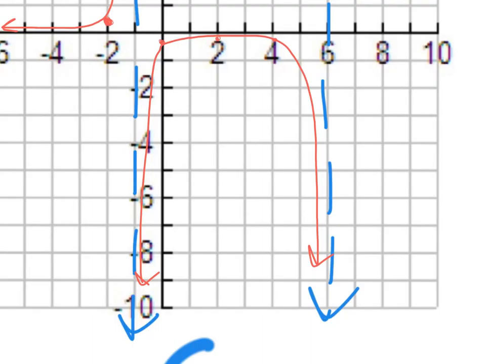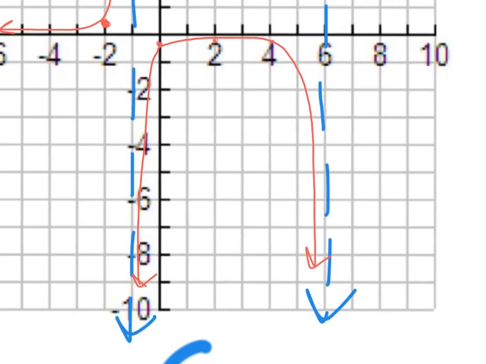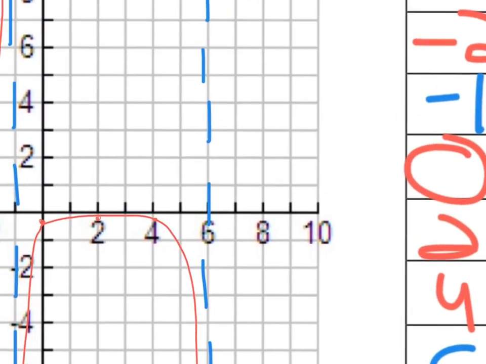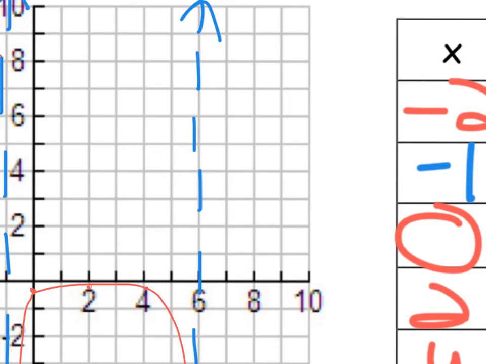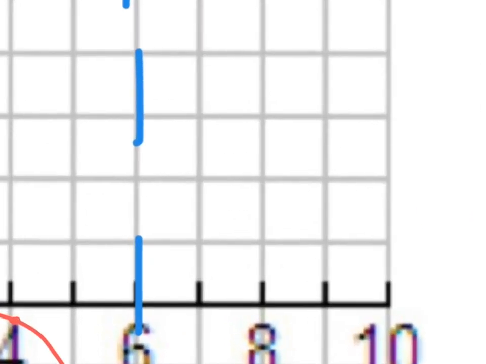Because when we plug in 0, 2, and 4, we get these negative numbers, that tells me my graph is going to be below the x-axis. And last one, when we plugged in 7, we get 0.25, just like when we plugged in -2.